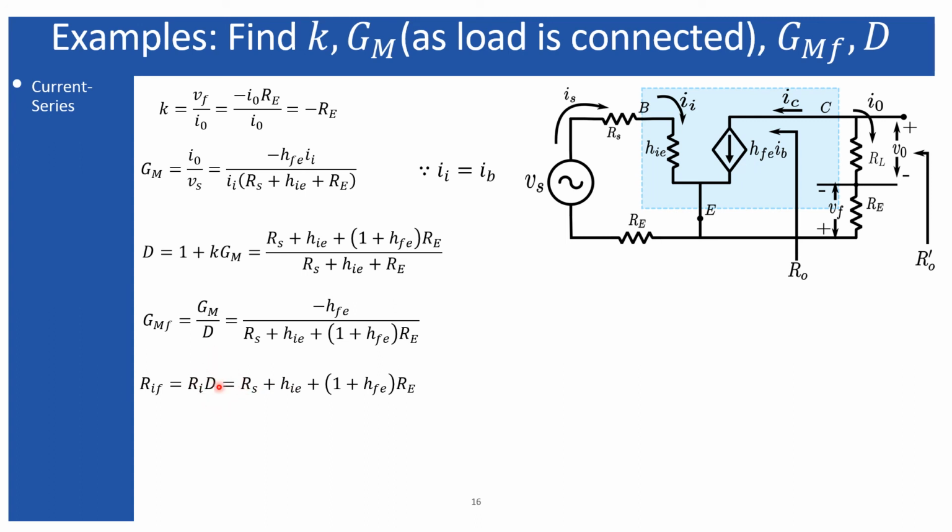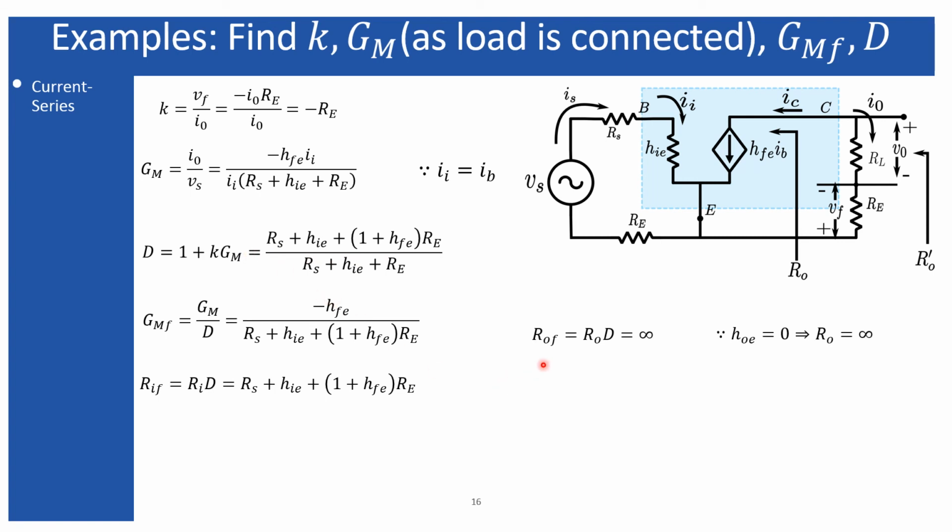So I have to multiply the input impedance with the desensitivity factor. The input impedance looking from this terminal is Rs plus hie plus Re. When you multiply this by the desensitivity factor, this Rs plus hie plus Re gets cancelled from both the numerator and denominator, resulting in only this one.